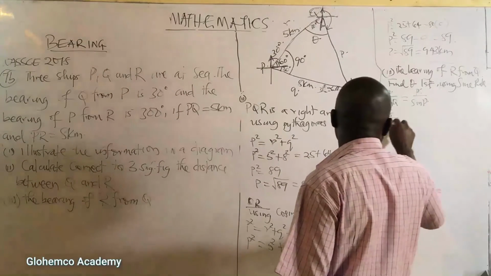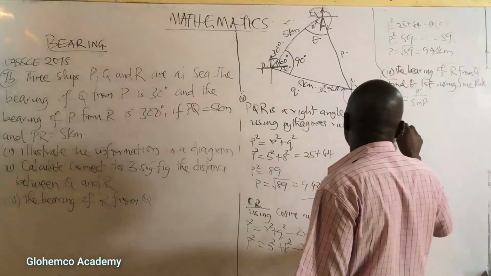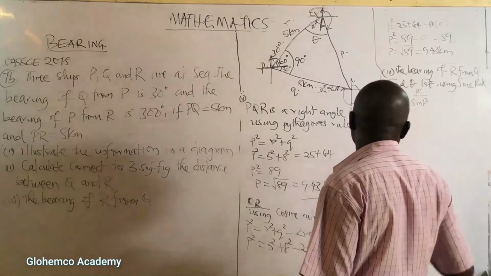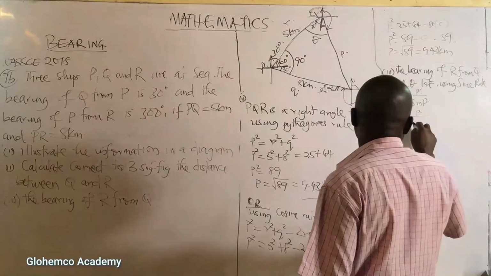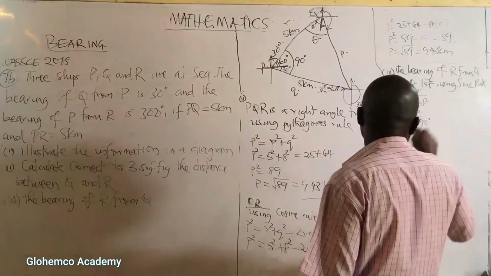Our q is 8. So 8 over sine theta equals to p over sine 90.